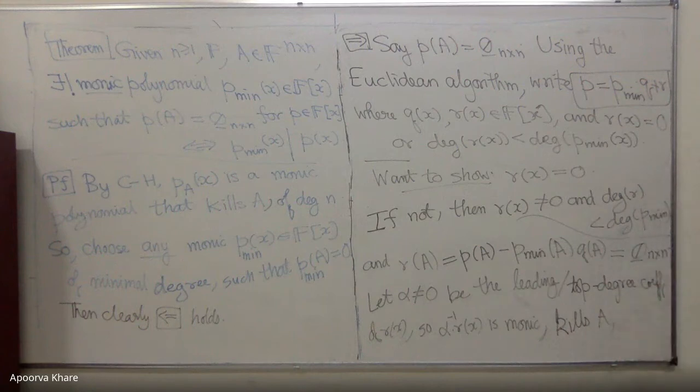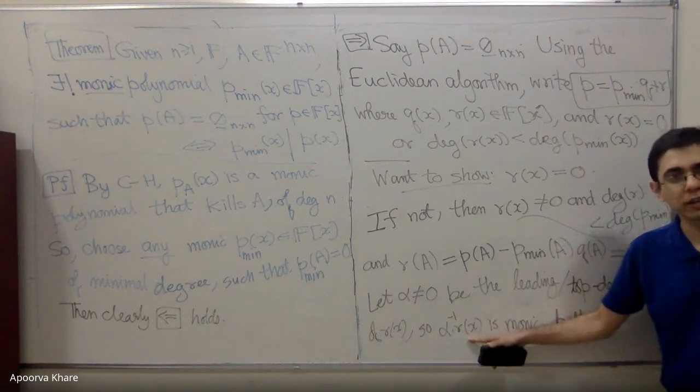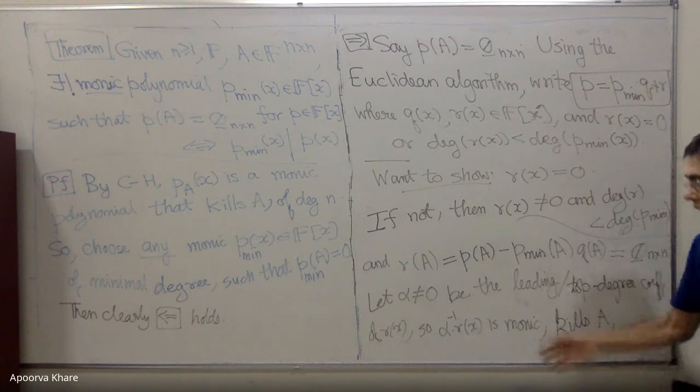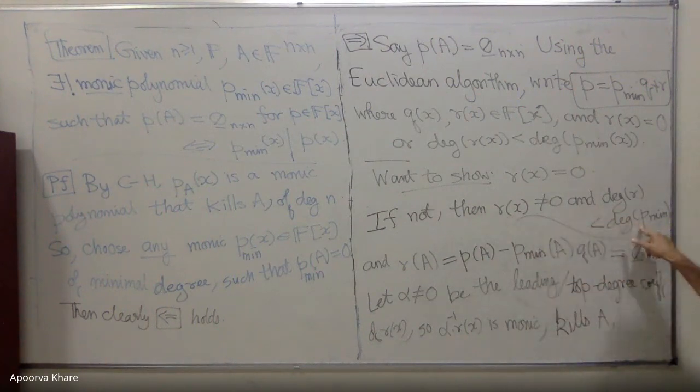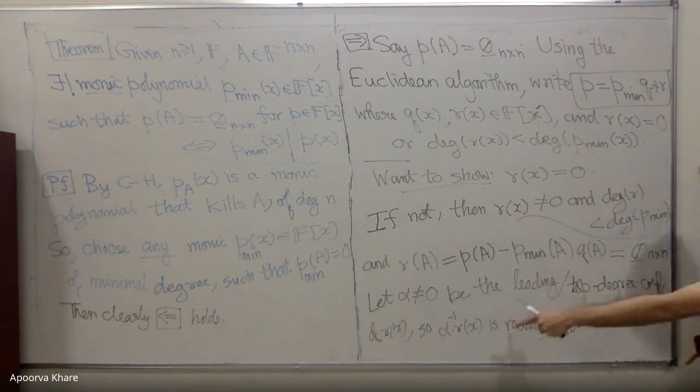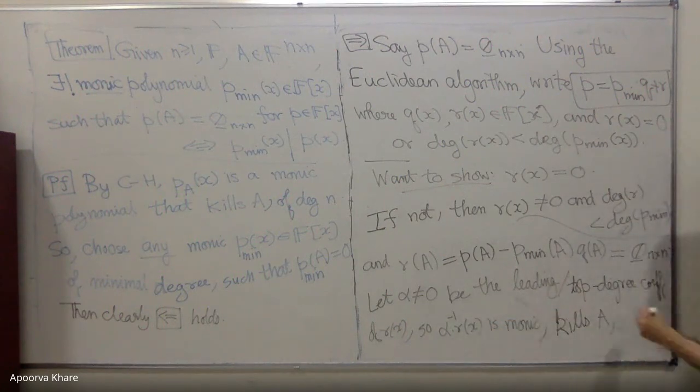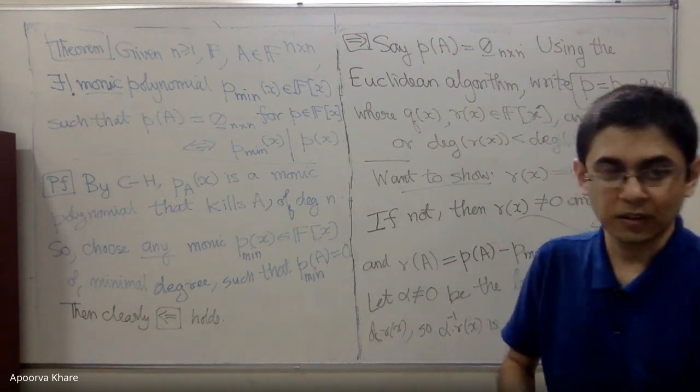And the third point is that the degree of alpha inverse R, the degree of any scalar multiple of a polynomial, is the same as the degree of the original polynomial, which is less than the degree of P min. So here you have a monic polynomial which kills A and has smaller degree. And that's a problem.